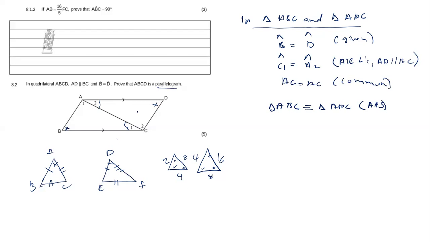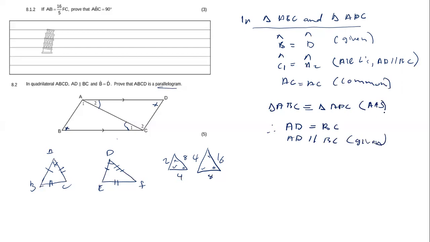Now, remember, this side is the same as that side, that means AD will be the same as BC. Therefore, from the congruency, we can say AD is equal to BC. Not only are they equal, AD is also parallel to BC, which was given.